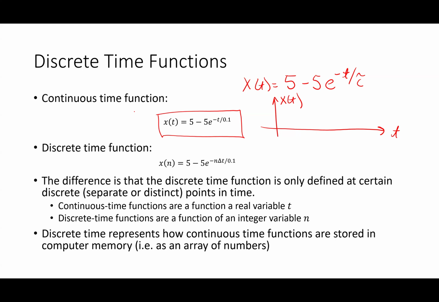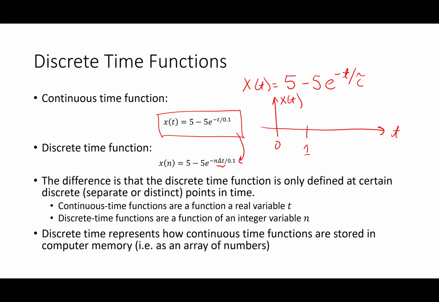So if I wanted to plot this function from 0 to 1 second, what I do instead is plot it at a couple of points between 0 and 1 second. And the thing I have to be smart about is the time step, the delta t, the way that I choose those points.